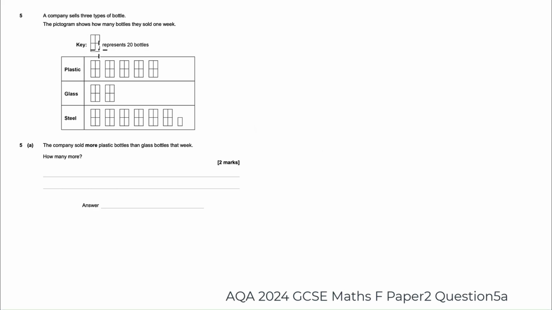And the key says that a wee block of 4 rectangles like that represents 20 bottles. And it's worth thinking that if that 4 rectangles represents 20 bottles, then each one must be a quarter of 20. That'll be 5. 5, 10, 15, 20.